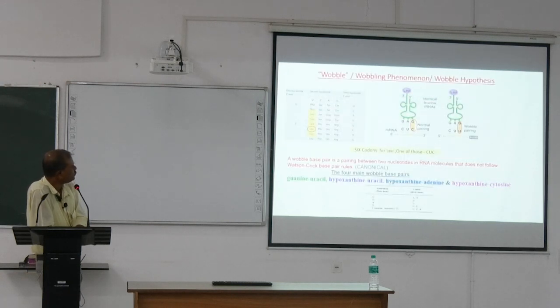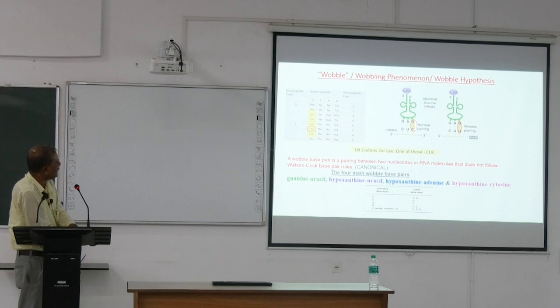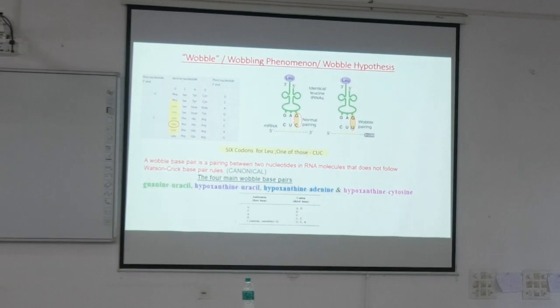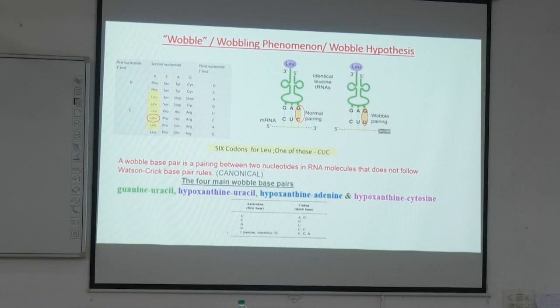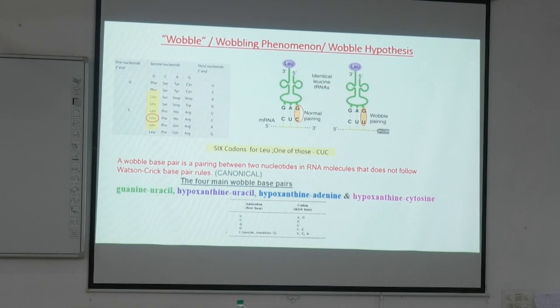So what is the wobble phenomenon? You can see leucine. Leucine has 6 codons. One of them is CUC. So that CUC is basically leucine. Normal pairing will be between G and C at the third position. The C and its first position is G. Now instead of G, it becomes U. Can you see CUU?